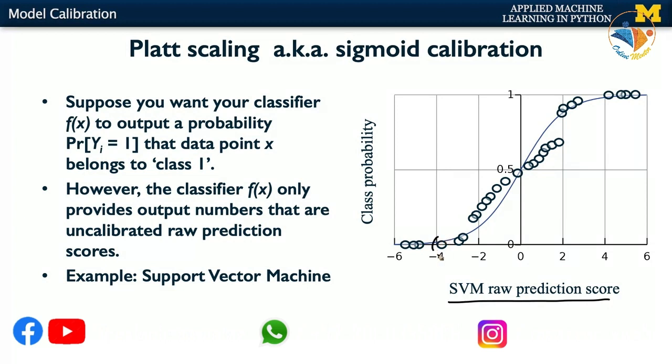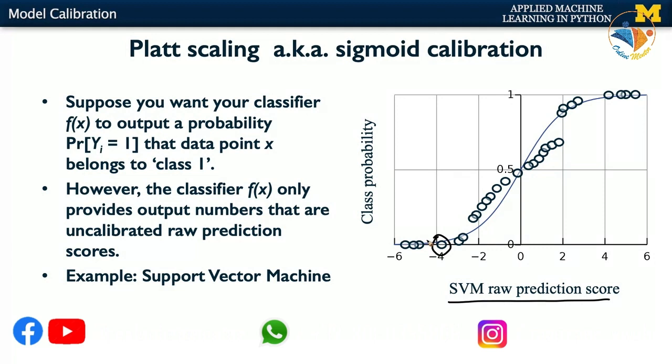Each of these points represents a data point that's to be classified, and the x-axis represents the raw prediction score that you get when you take an existing support vector machine and you ask it to give a score for a particular point. And then the class probability is the actual empirical probability that the points with that prediction score belong to the class, the average class prediction in a binary classification scenario.